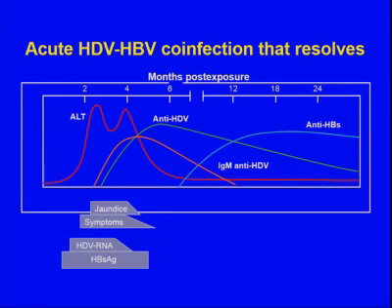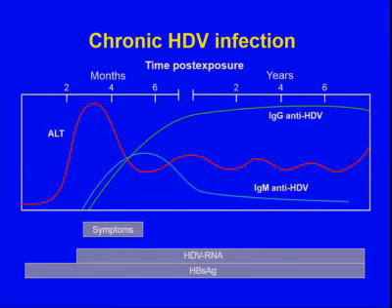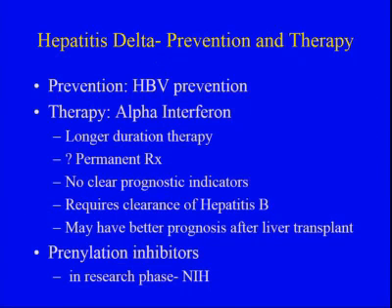So in the setting of effectively treating hepatitis B with delta co-infection, if you develop the anti-HBs, you'll resolve the delta infection, as evidenced by the HDV RNA being negative. In the setting of chronic infection, you remain surface antigen positive and HDV RNA positive.